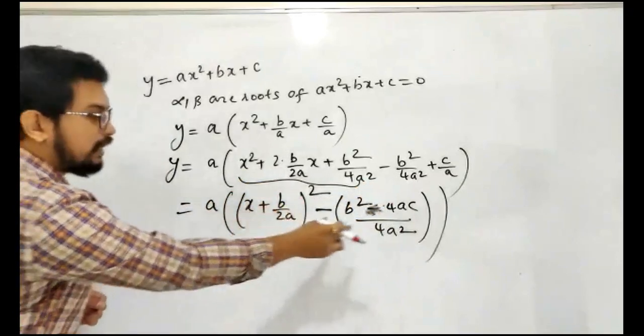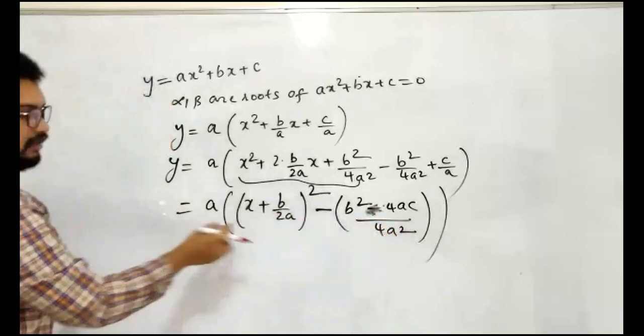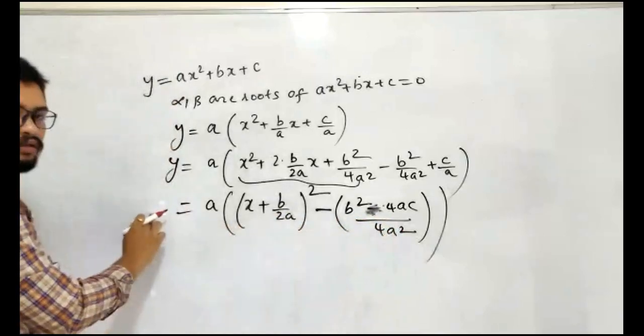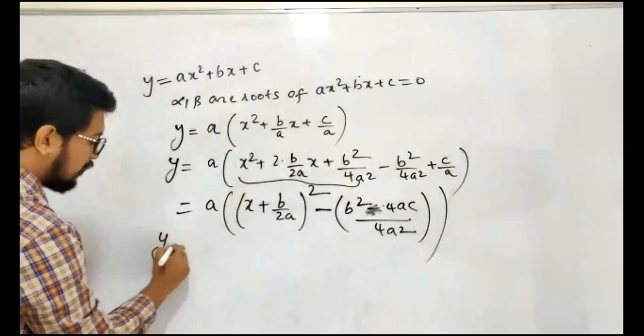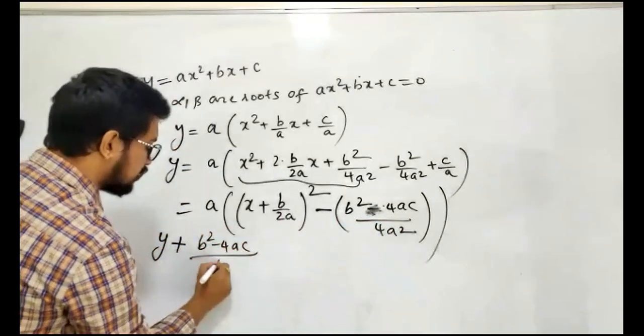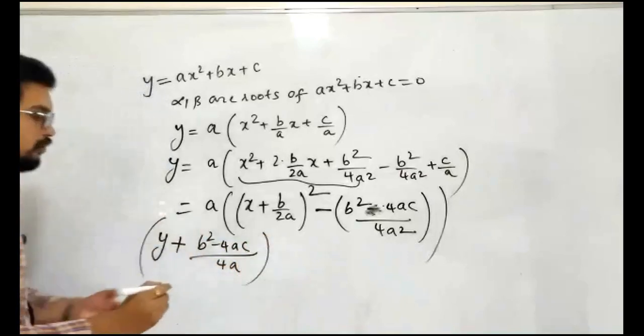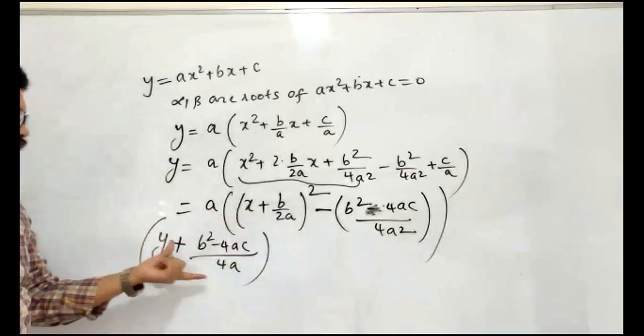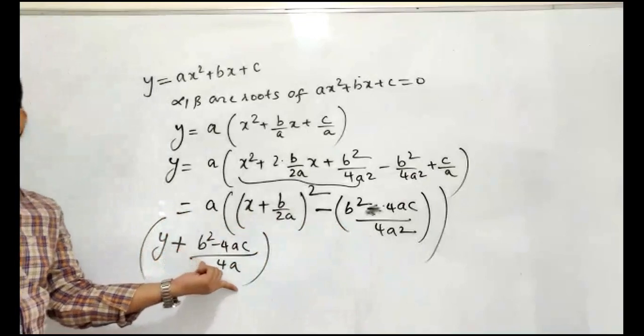Now I'll try to send this part to this side. So here I'll get y plus b square minus 4ac by 4a. I'm sending this part across.